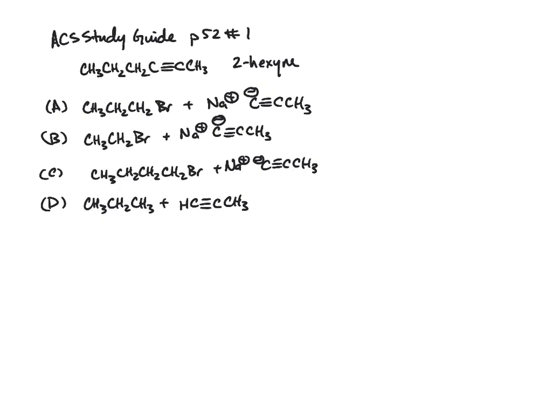So let me ask you a follow-up question. In 2-hexyne, how many unique types of carbons do you have? You have 6. So each carbon is unique.